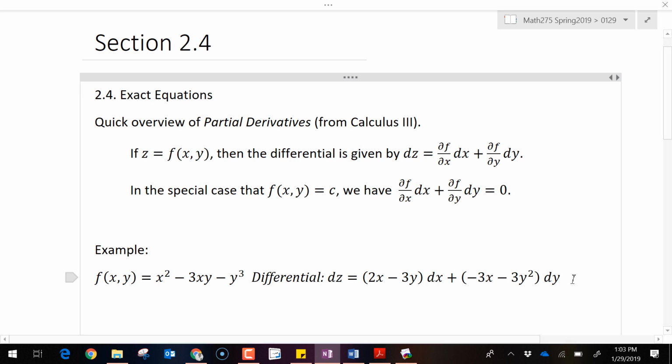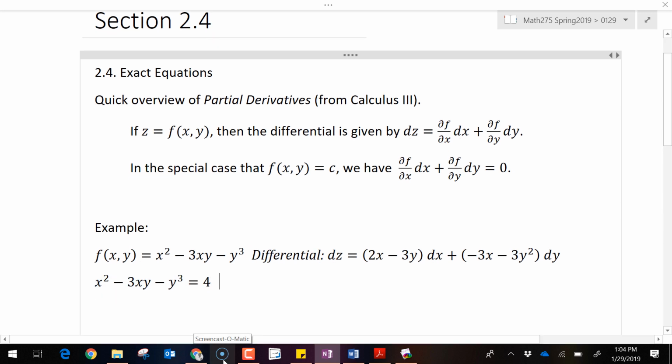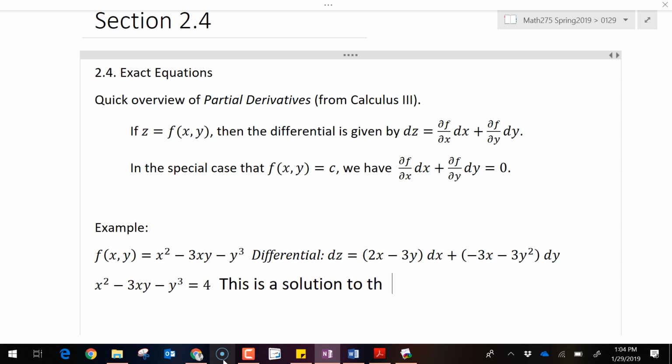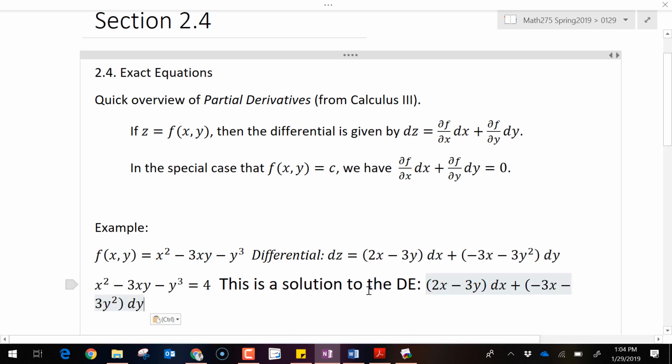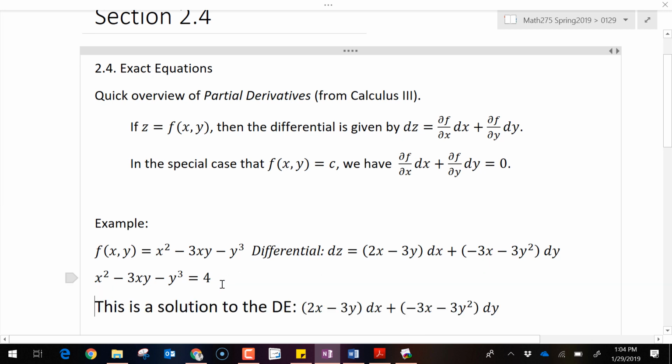In this special case where this is equal to a constant, this happens to be a solution to the differential equation where this thing is equal to 0.